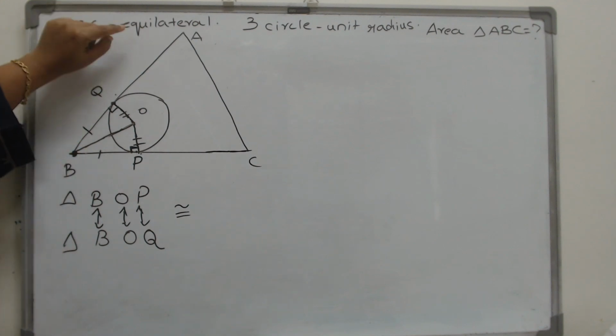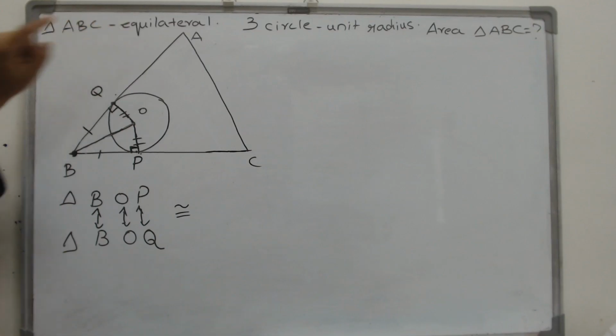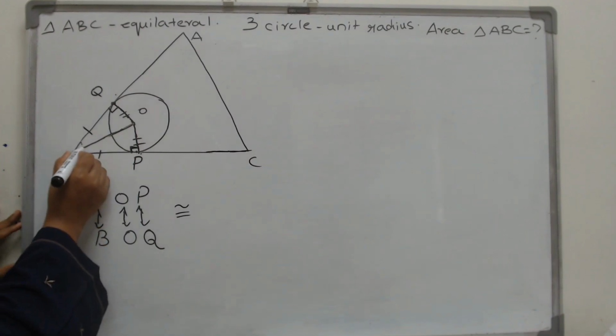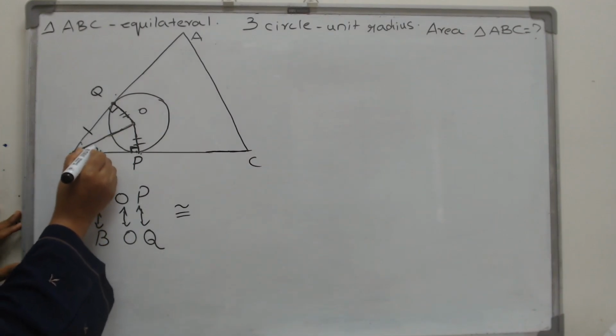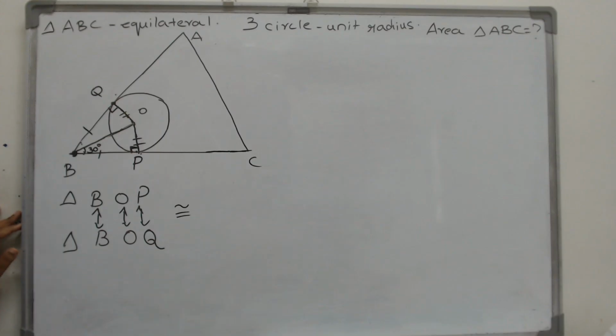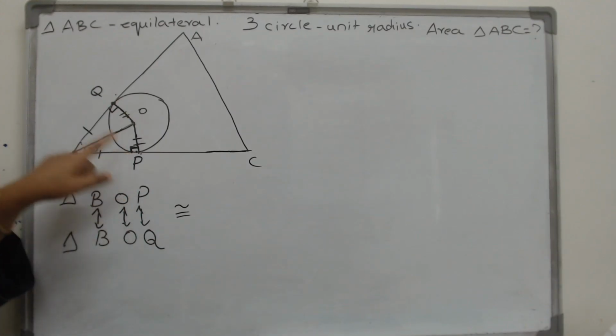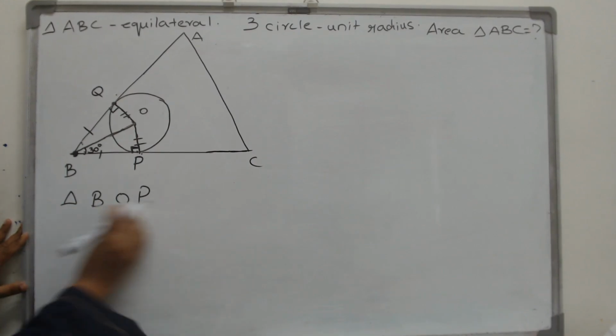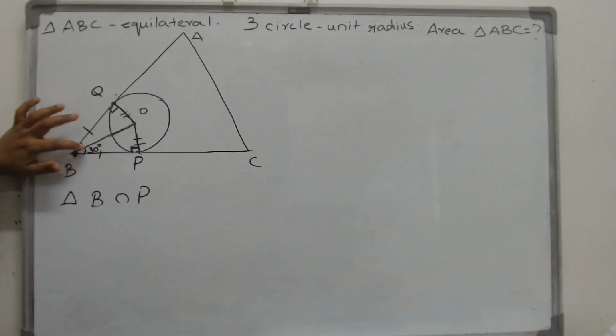But then we started with an equilateral triangle. Each of the angles was 60. So when you cut this into two equal parts, each one will be 30. So you are going to get a 30 here, a 90 here. Then if you consider the triangle BOP, what do its angles look like?